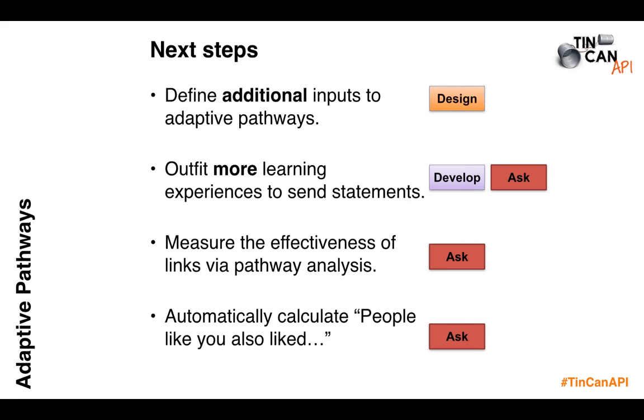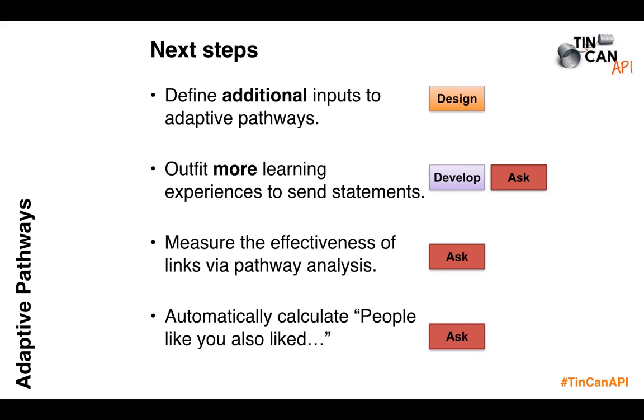One of our developers recently posted, we use Yammer for social networking internally, that he'd done some work for a client to automatically display content to people based on the learning experiences that they completed compared to learning experiences that other people completed. And if you complete a learning experience and somebody else has completed that same experience and then went on to do something else, that something else then gets recommended to you.